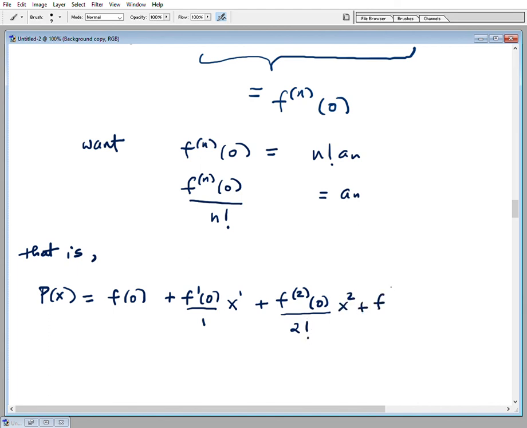We'll make this the third coefficient, and we'll keep doing this, times x cubed. And the last one I'll put over here.